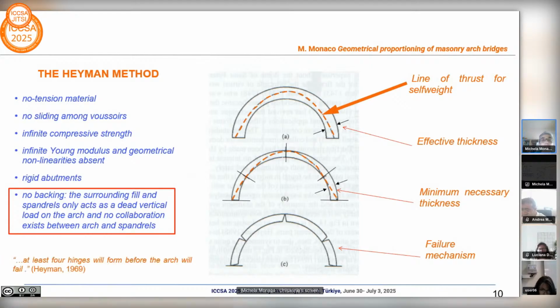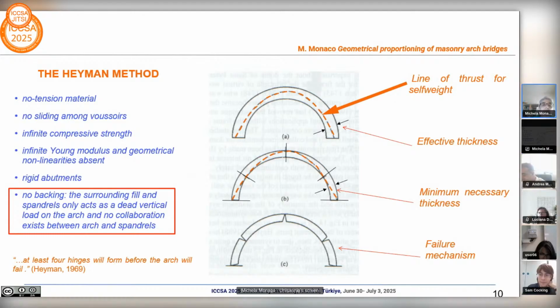So the spandrels are not kinematic restraints for the collapse mechanism of the arch that is present when the line of thrust touches the extrados or intrados of the masonry arch.